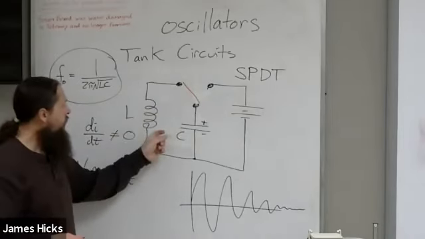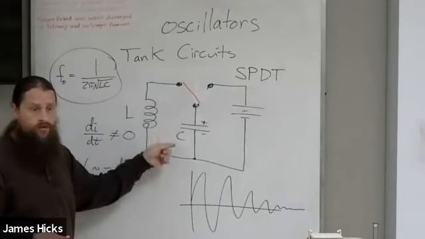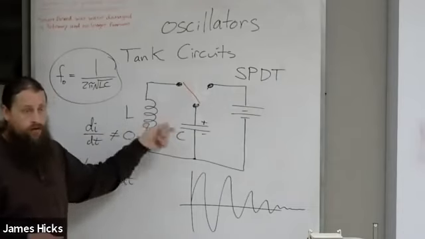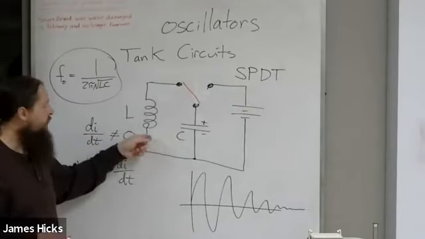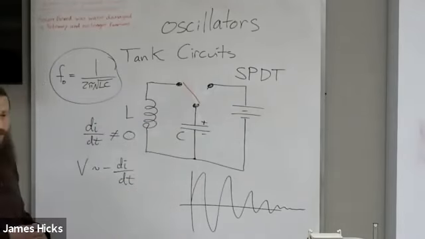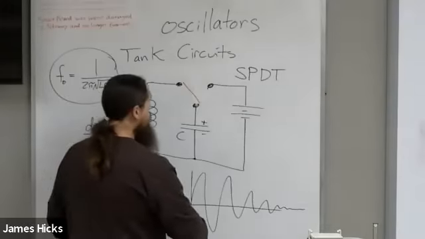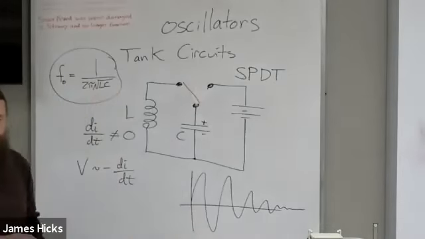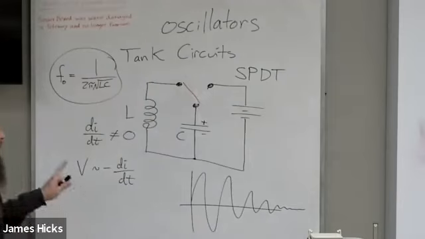By putting an LC tank circuit into a transistor amplifier, we can build sinusoidal oscillators, harmonic oscillators. So that's what we're going to do next.